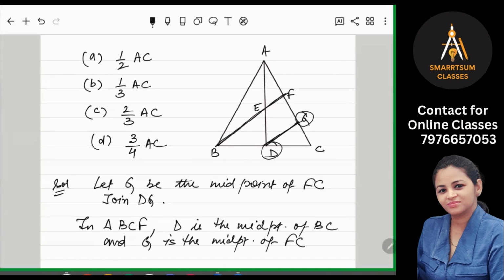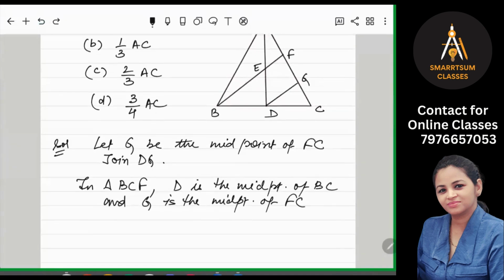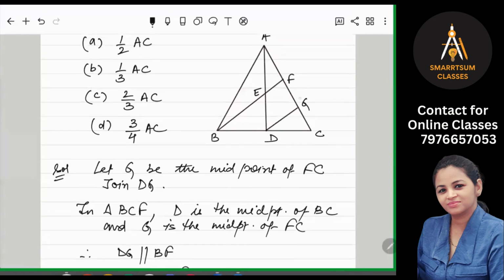It is parallel to BF and will also be parallel to EF, because BF and EF are part of the same line. So by the midpoint theorem, DG will be parallel to BF. So write down: DG is parallel to BF. That means DG is parallel to EF also. So DG and EF are parallel. Getting that?